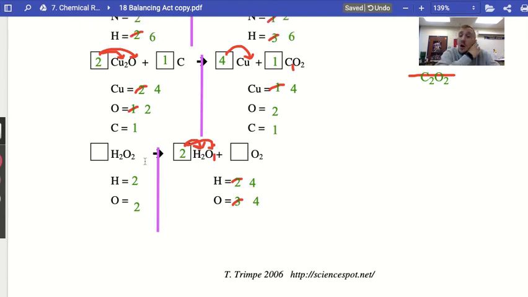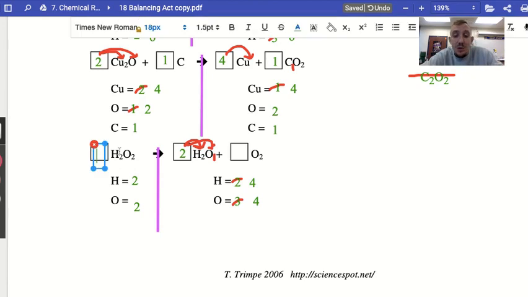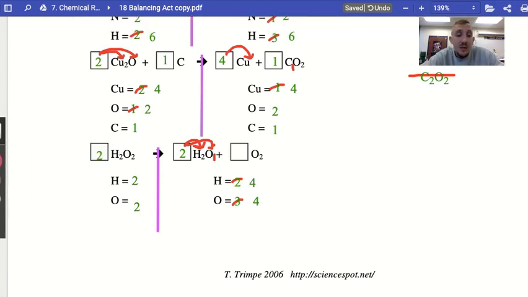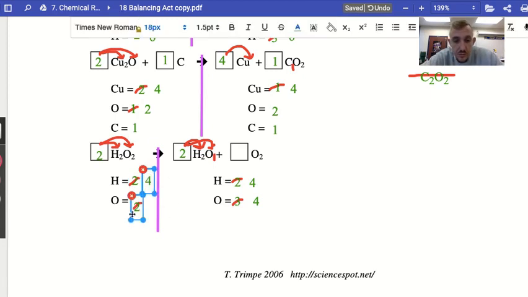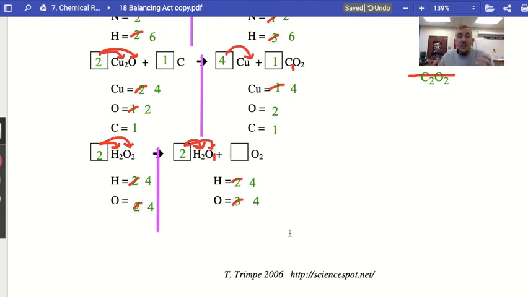Well, notice, what coefficient can I add in front of both of these that can change them both to 4? Your answer is going to be 2. And so 2 times 2 and 2 times 2 will both equal 4. So if you notice, it's now balanced.